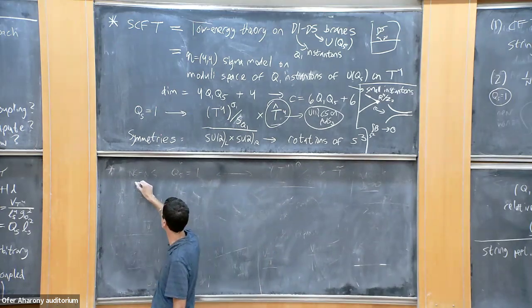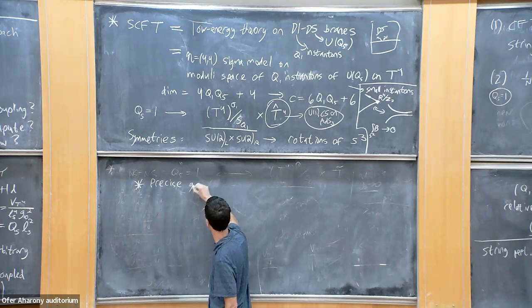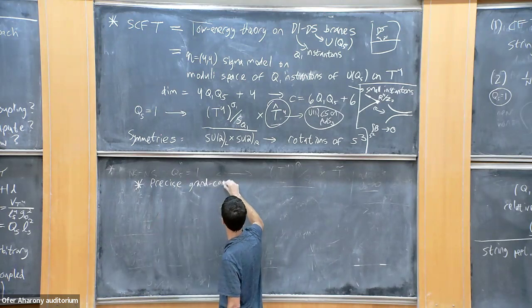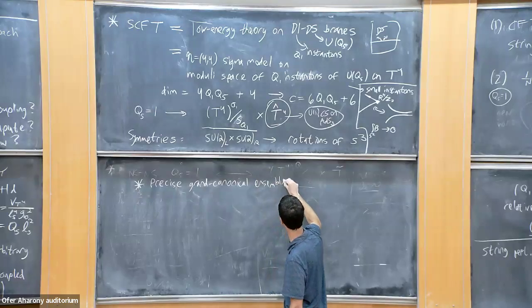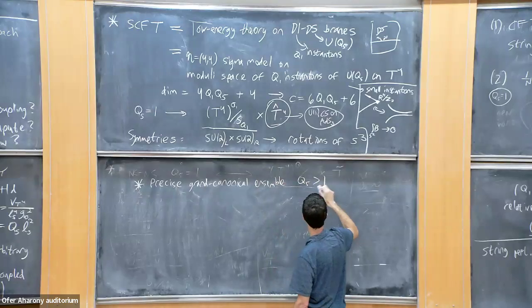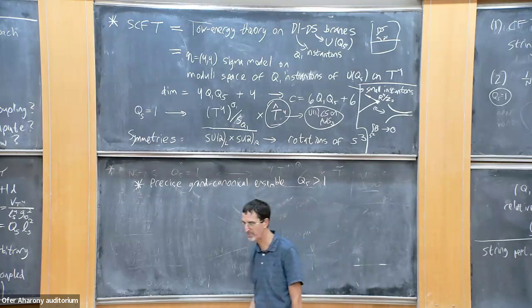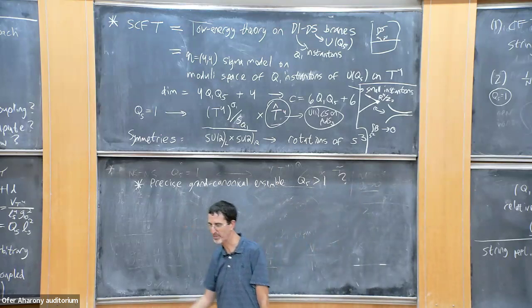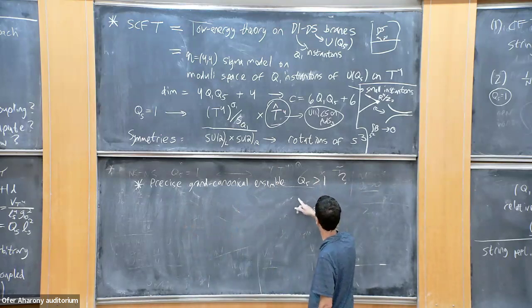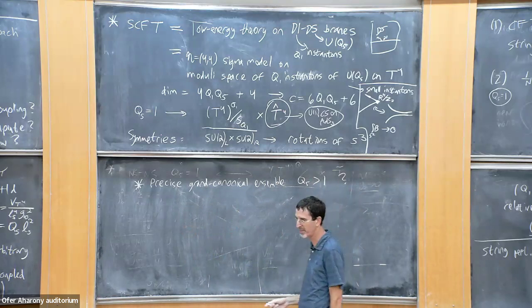One issue that's not completely clear is what the precise grand-canonical ensemble is that is dual to string theory in the case that Q5 is bigger than 1. For Q5 equals 1, we just sum over all values of Q1, but for Q5 bigger than 1, it's not clear yet exactly which grand-canonical ensemble we have in NS perturbation theory, whether we sum over all values of Q1 or just over values that are relatively prime to Q5.